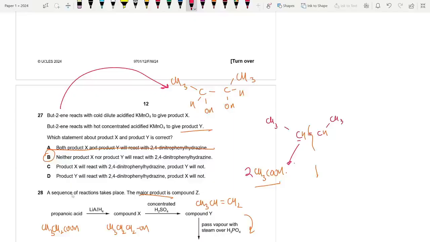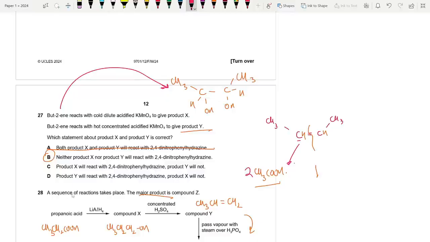And the rule is 0 alkyl groups actually amount to methanoic acid, which further breaks down to form carbon dioxide and water. 1 alkyl group results in a carboxylic acid, and 2 alkyl groups, I'm talking about the carbon that has the double bond, forms a ketone.